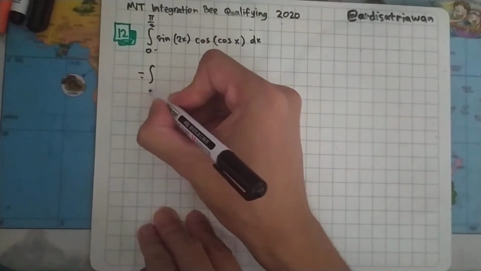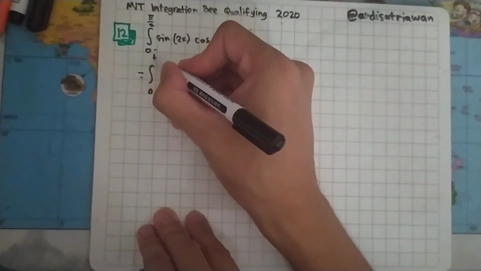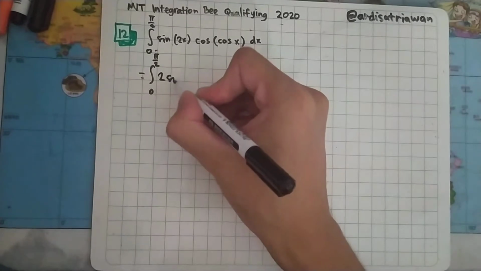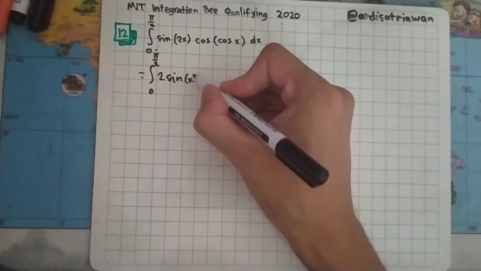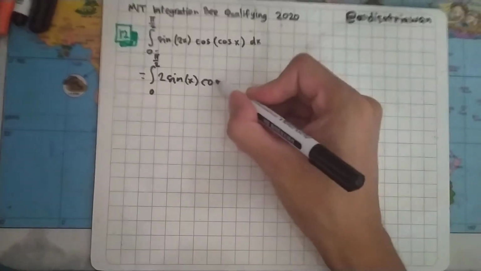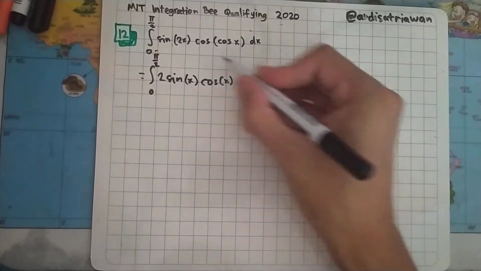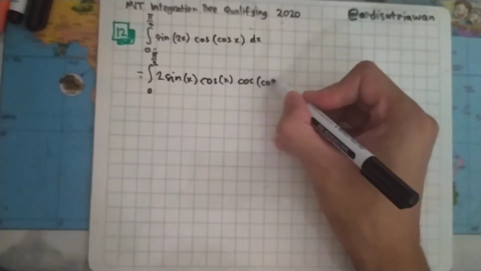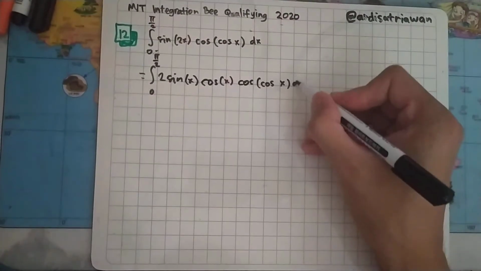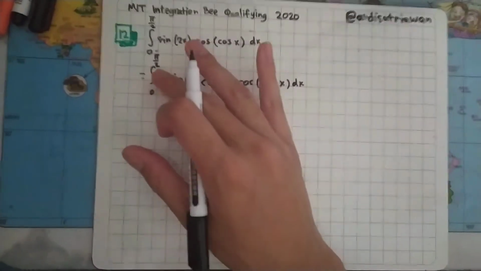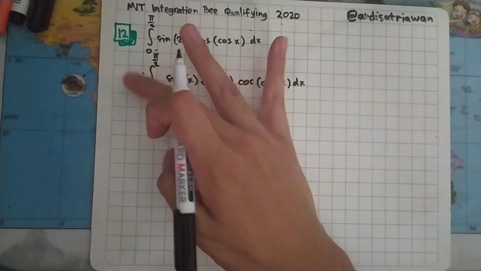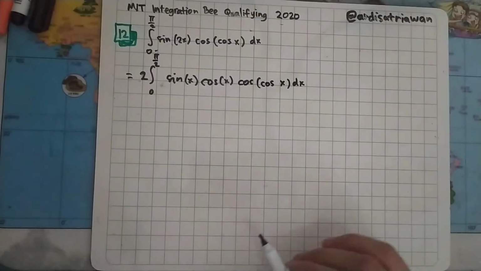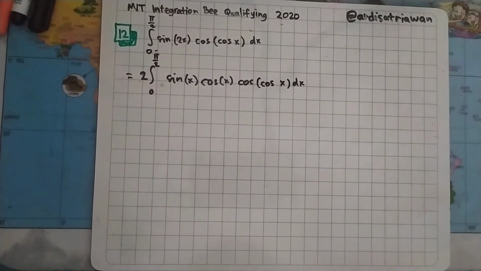So I can rewrite this as the integral from 0 to pi over 2 of 2 sine x cosine x, and we just copy the expression after it, cosine of cosine x dx. And I can take 2 outside the integral here, and we are going to do u-substitution.